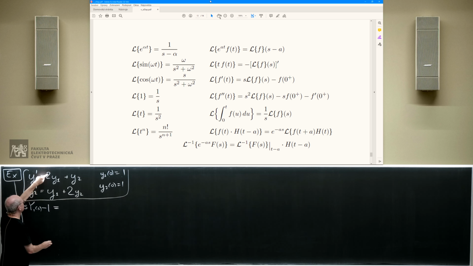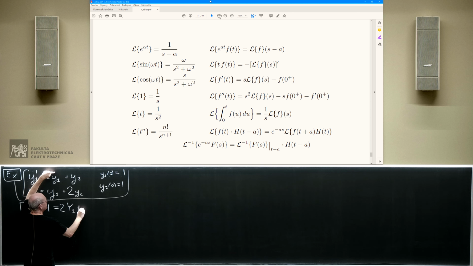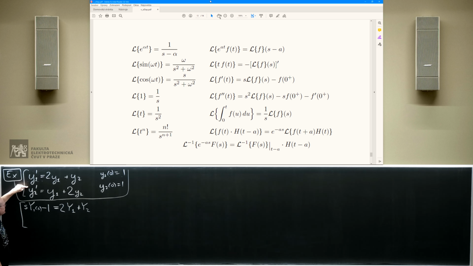On the right, linearity, so 2 is out. Laplace transform applied to y1 is capital Y1, plus Laplace transform applied to y2 is just capital Y2. Easy. Let's play with the second equation. s Y2(s) minus 1, that's the rule for the derivative applied to y2, is equal to capital Y1 plus twice capital Y2.